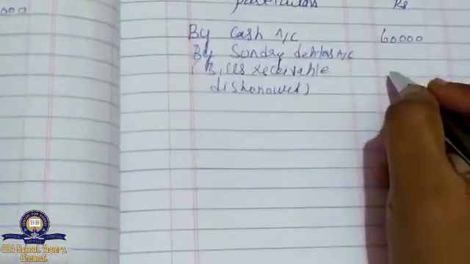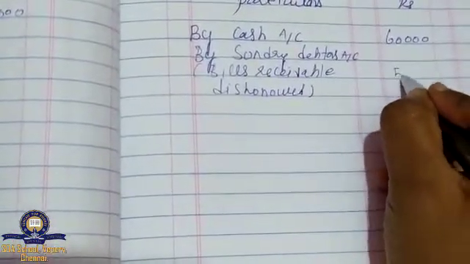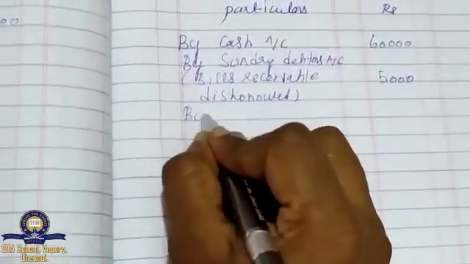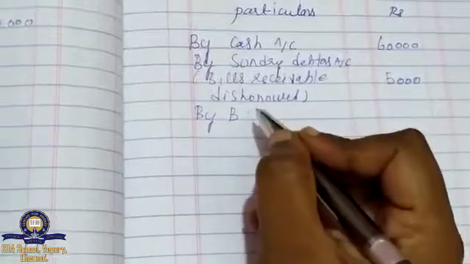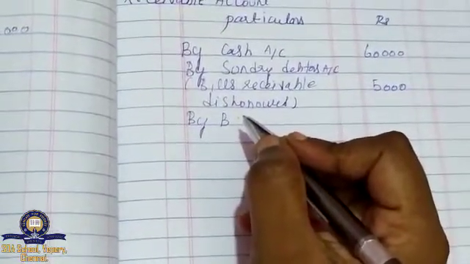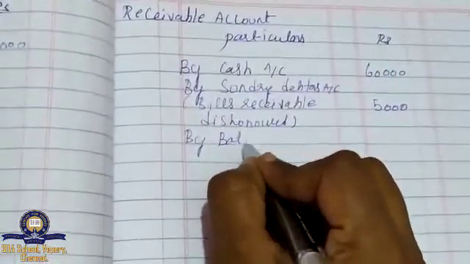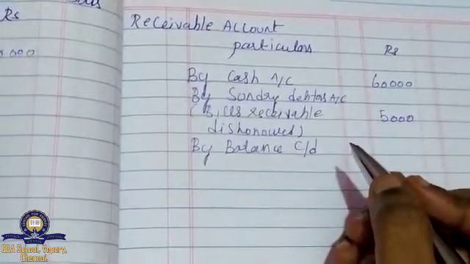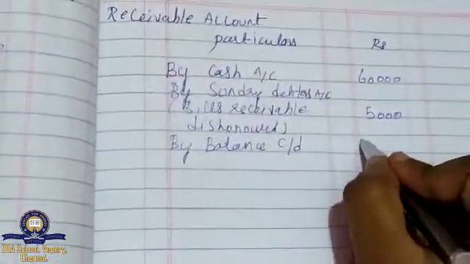So that amount is 5,000. The last one is the closing balance, that means closing bills receivable 30,000. So by balance carried down, the amount is 30,000.